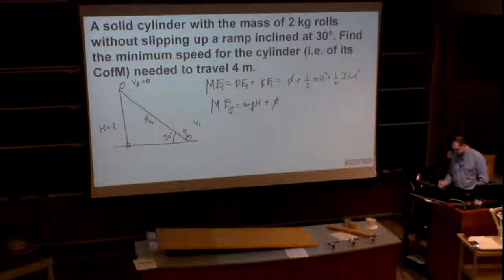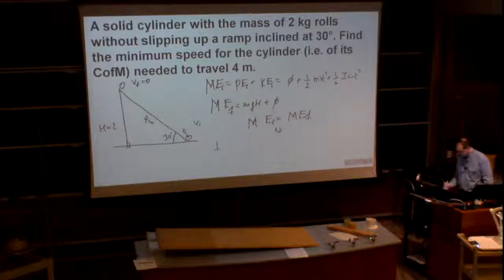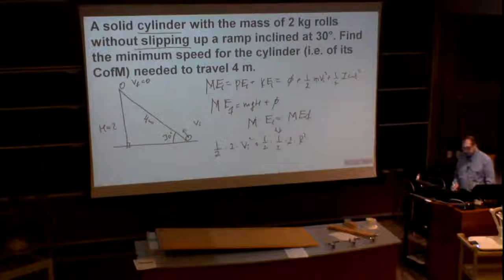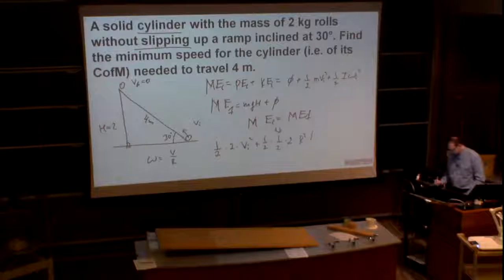And if we apply the law of conservation of mechanical energy, that tells us that 1/2 times 2 times the unknown squared plus 1/2 times, that's a cylinder, so the form factor equals 1/2 times mass times radius squared, times, rolling without slipping means angular and linear velocities are coupled, same initial speed, but over the radius squared.